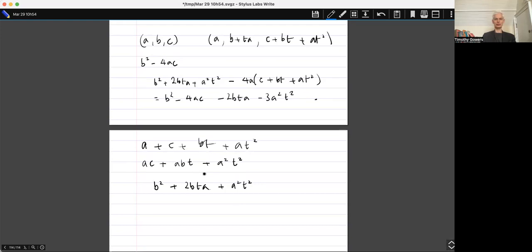Out of these, I can generate b squared minus ac plus abt, getting these to cancel. But I don't see what to do to get rid of this last remaining t.